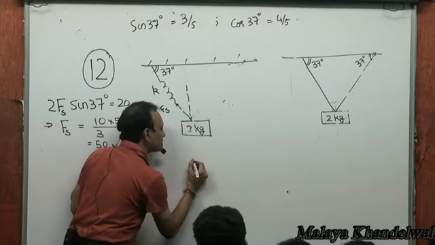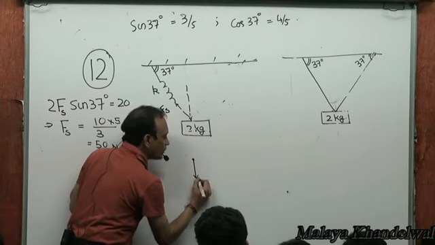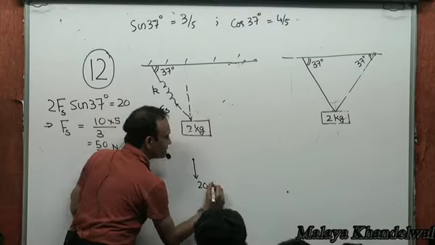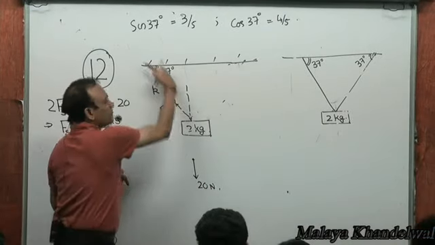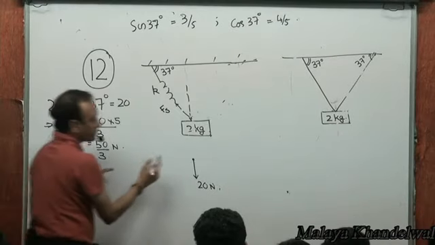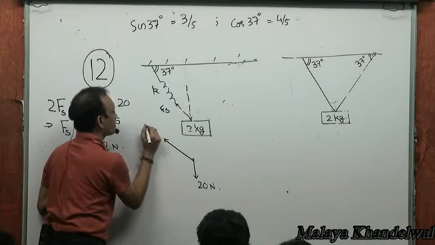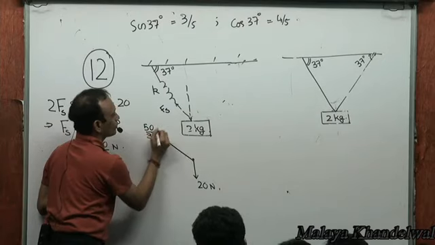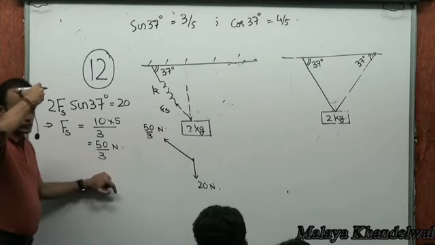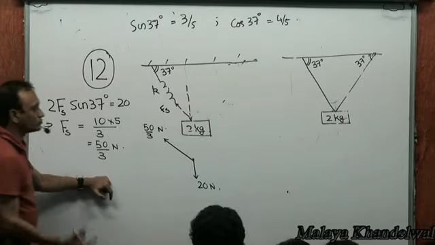Forces acting on this mass then would be 20 newtons downwards, Mother Earth, and Fs like this, which is 50 by 3.